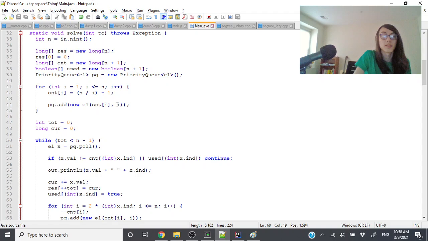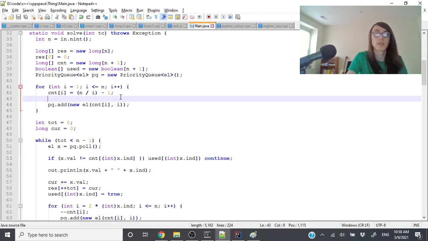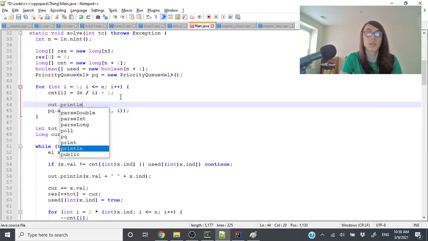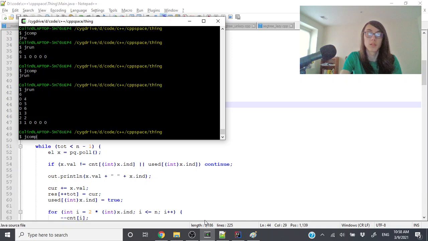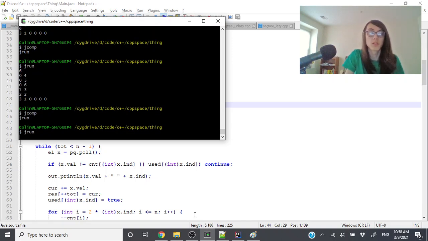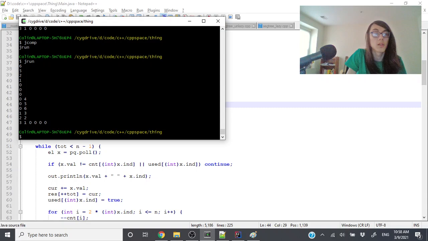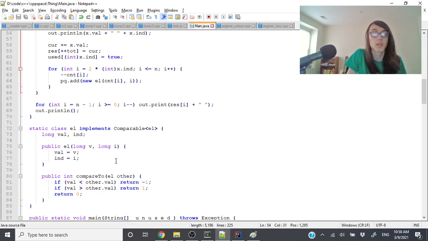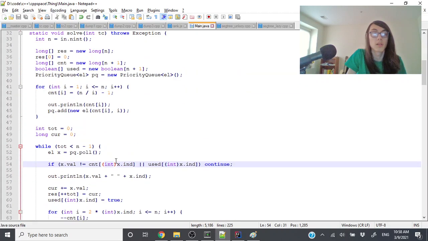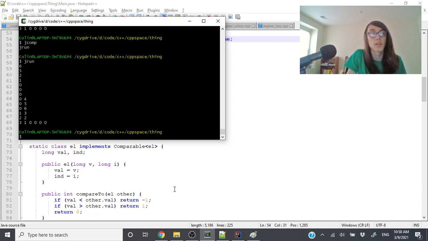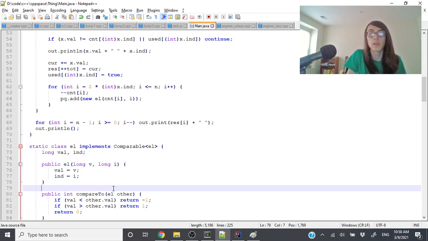I guess because it's arbitrary, but priority queue sorts by val is less than other dot val.